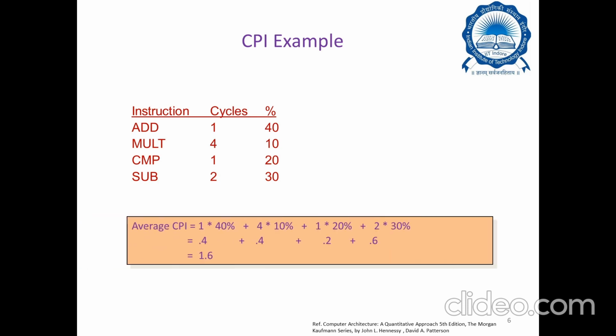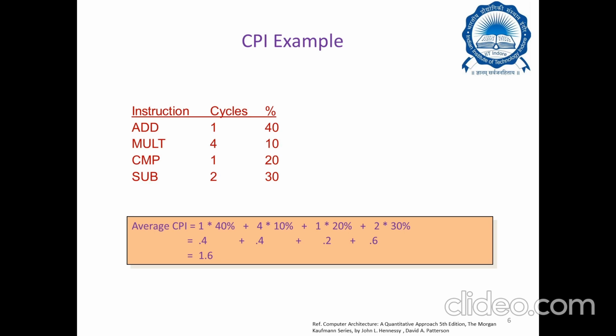So the average CPI could be, using that summation function which I was talking about in the previous slide, the number of clock cycles multiplied by the number of occurrences of that particular instruction type in the given program. So it's 1 multiplied by 40%.